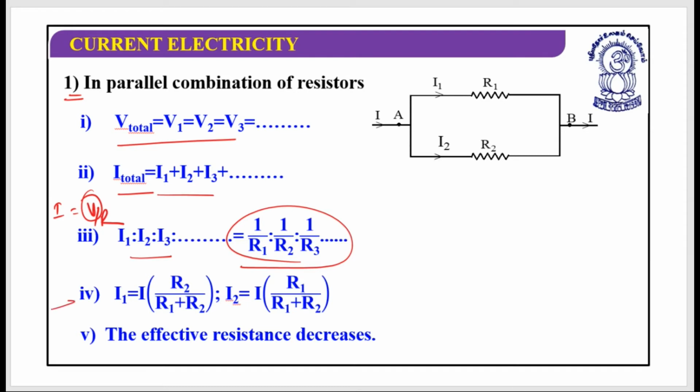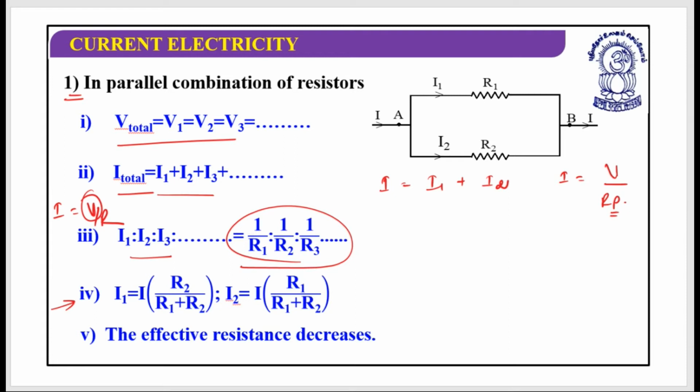Now, very important, it's the current divider rule. What amount of current will pass through the first branch, what amount of current will pass through the second branch. How could I calculate? Let's have a look. I know that total current I will be the addition of I1 plus I2. Even I know that total current I is equal to V divided by Rp, V divided by R equivalent.